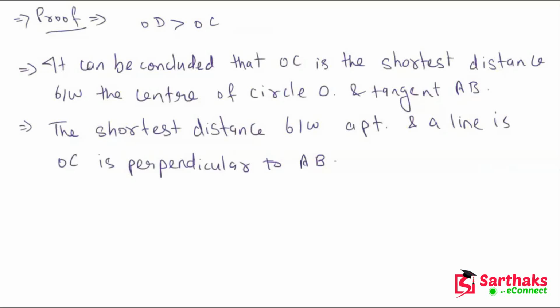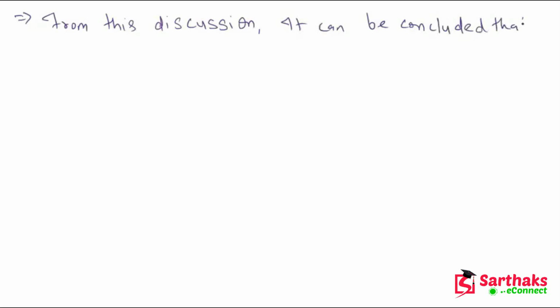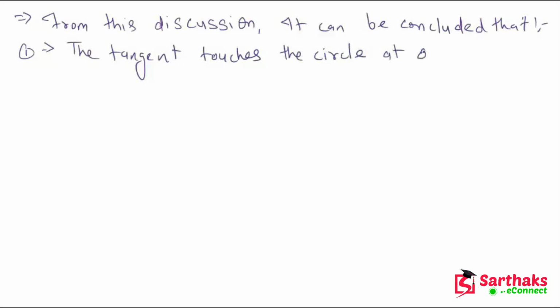Now from the above discussion, it can be concluded that, first, the tangent touches the circle at only and only one point.